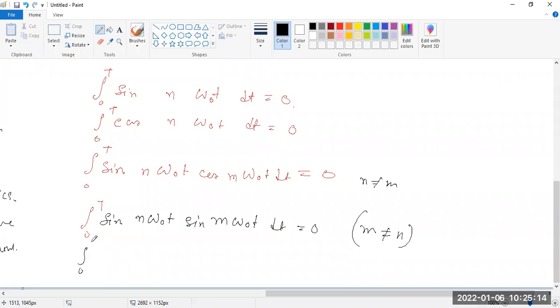Then the integral from 0 to T of sine square n omega 0 t dt equals T by 2. Another thing, the integral from 0 to T of cos square n omega 0 t dt equals T by 2.